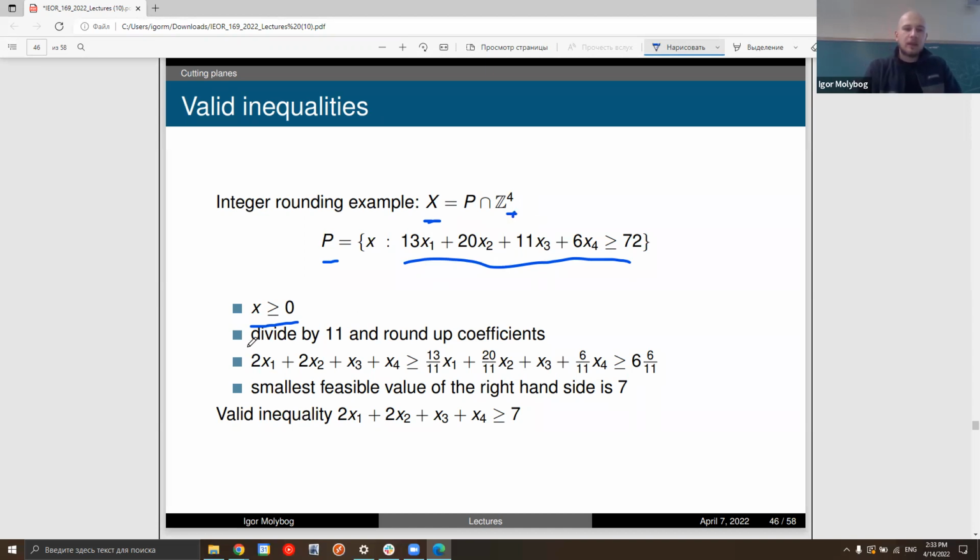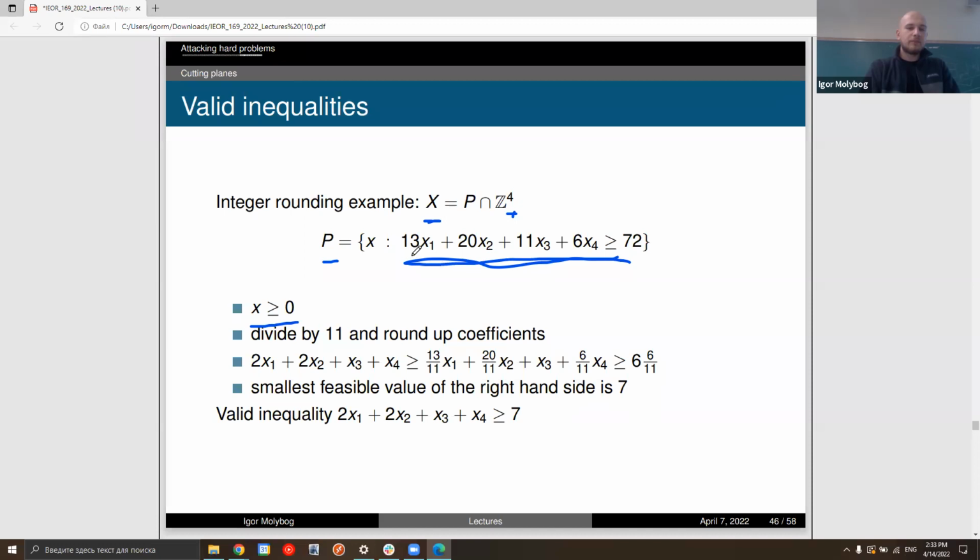So we can take this entire inequality and divide it by 11 and round up the coefficients. What we're going to end up with is 2x1 plus 2x2 plus x3 plus x4 greater than or equal to the inequality where we have just divided by 11 without rounding up the coefficients, and that is by itself greater than or equal to the right hand side divided by 11.